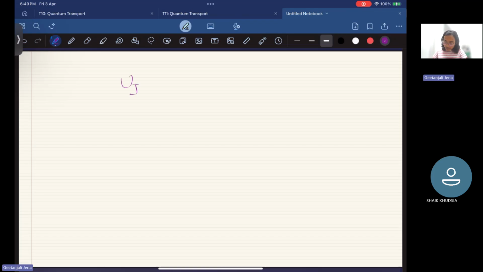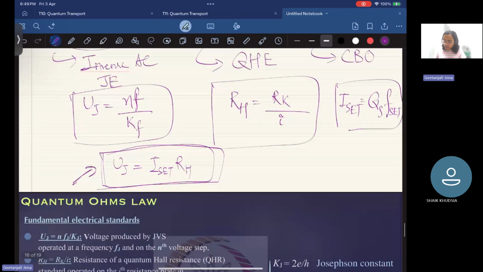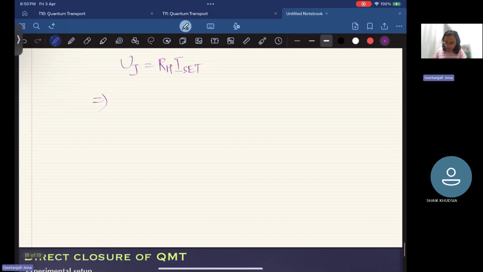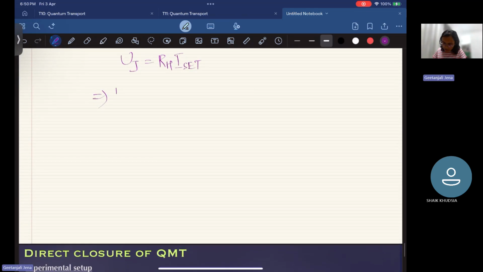If you express this quantum version of Ohm's law, and if you put all the relations that we have seen earlier into this Ohm's law, what you will get is KJ RK QS over e, which is equal to 2.